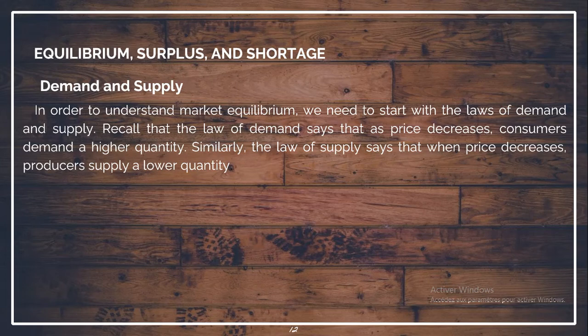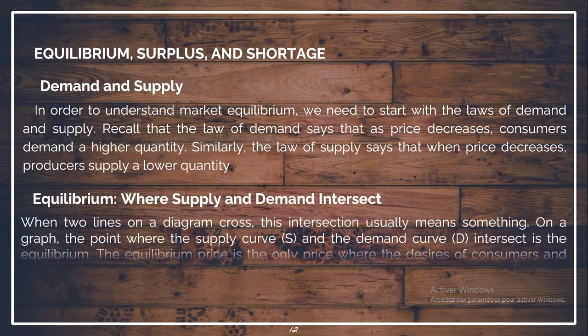Demand and supply: in order to understand market equilibrium, we need to start with the laws of demand and supply. Recall that the law of demand says that as price decreases, consumers demand a higher quantity. Similarly, the law of supply says that when price decreases, producers supply a lower quantity.